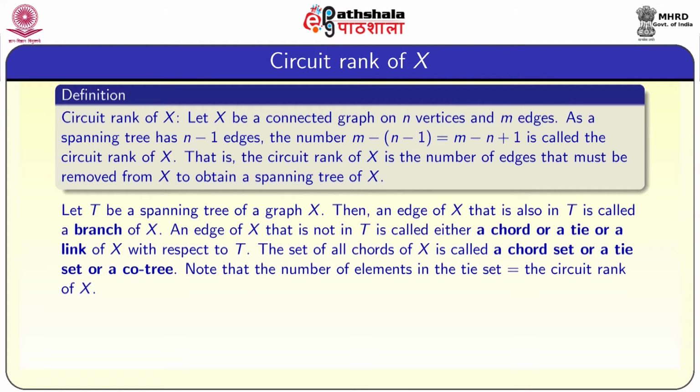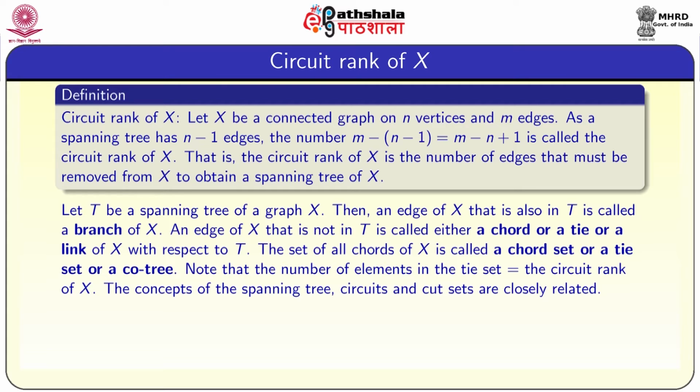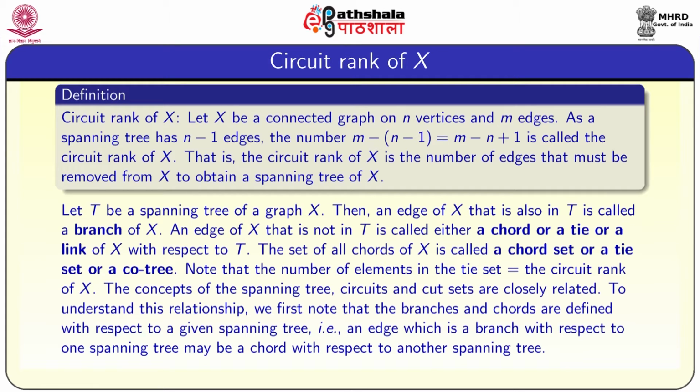Note that the number of elements in the tie set is the circuit rank of X. The concepts of spanning tree, circuits, cut sets and so on are closely related. To understand this relationship, we first note that branches and chords are defined with respect to a given spanning tree, that is, an edge which is a branch with respect to one spanning tree may be a chord with respect to another spanning tree.